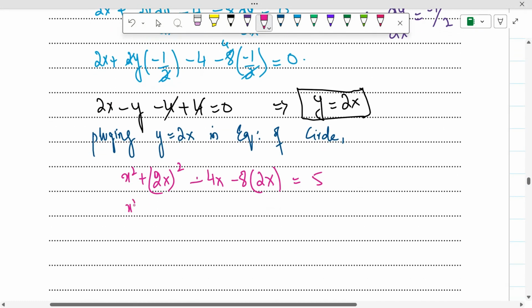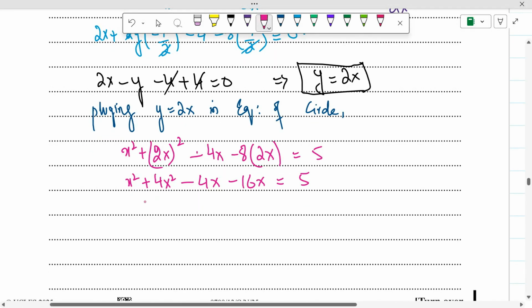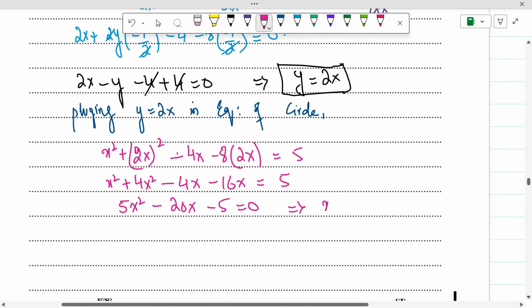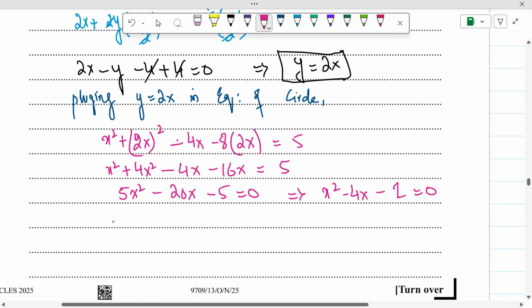So we have x² + 4x² − 4x − 16x = 5, and we will have 5x² − 20x − 5 = 0, and this is equal to x² − 4x − 1 = 0. So this is a quadratic equation and can be solved by the quadratic formula.